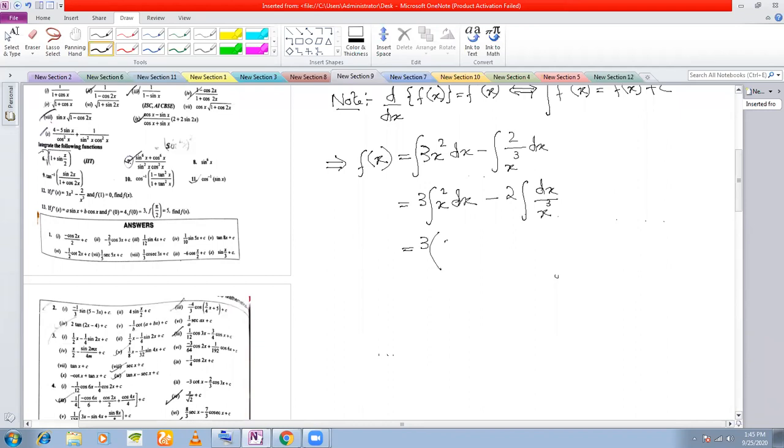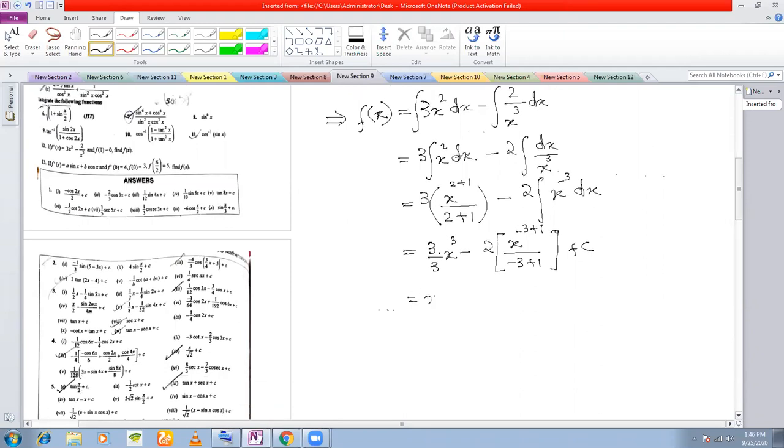Thrice x to the power of 2 plus 1 by 2 plus 1, minus twice, you can write this as x to the power of minus 3 dx. So this becomes 3 into 3 by 3 into x cube, and this is twice x to the power of minus 3 plus 1 by minus 3 plus 1, plus a constant of integration.